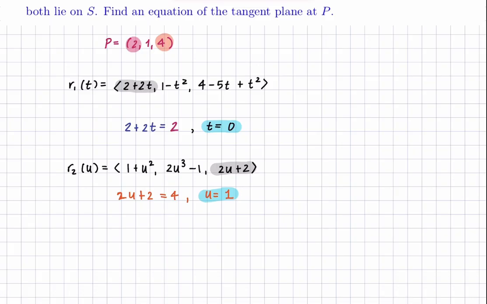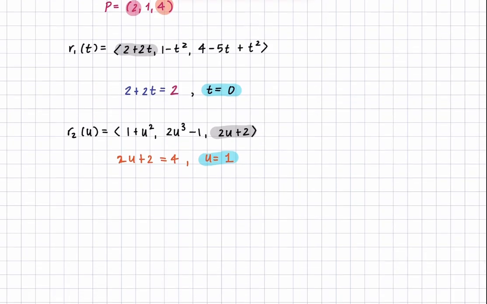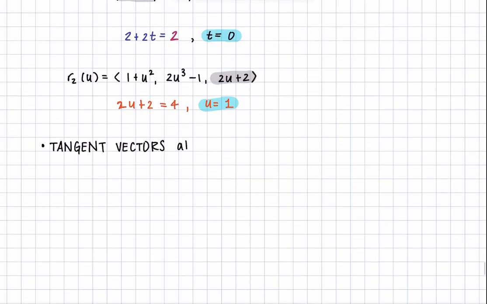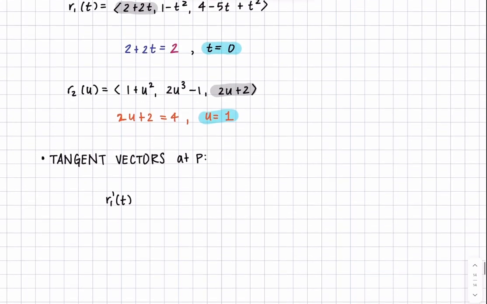Okay, now that I have my two parameters, t equals 0 and u equals 1, I'm going to go ahead and get my tangent vectors at point P. I'm going to be taking the derivative of r1(t), and I'm also going to be taking the derivative of r2(u).